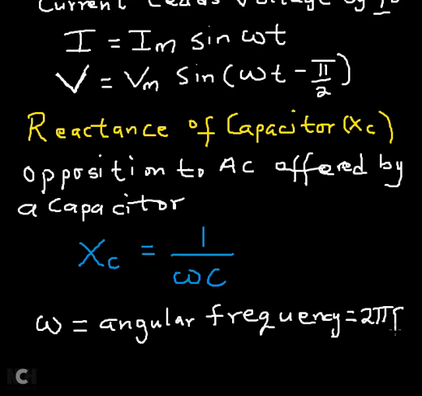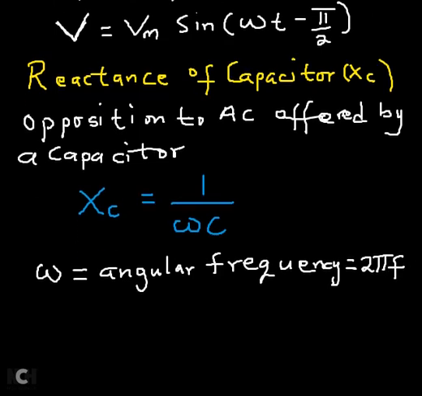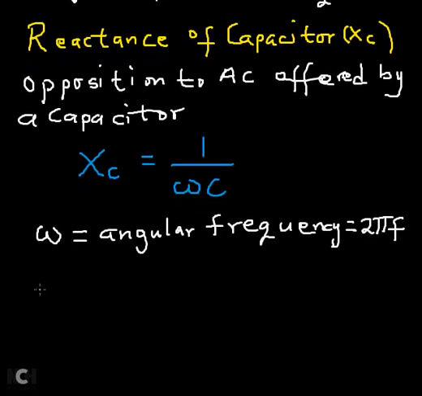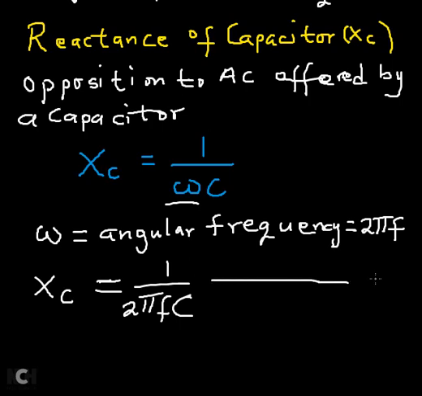So I can simply say that the reactance of a capacitor is going to be equal to 1 all over angular frequency, which of course is 2 pi f, multiplied by the capacitance C. Please take note of that. I can call this formula number 1.